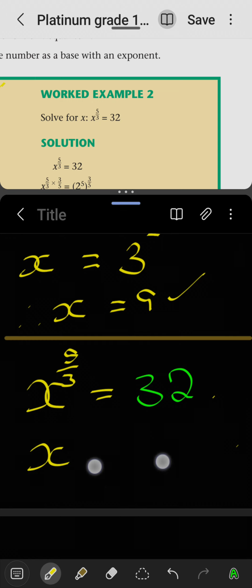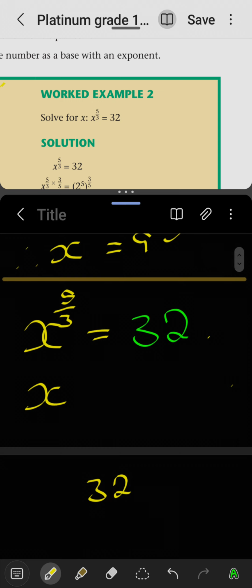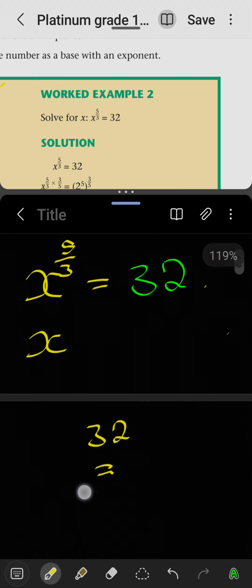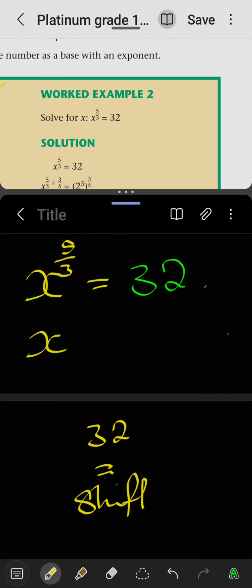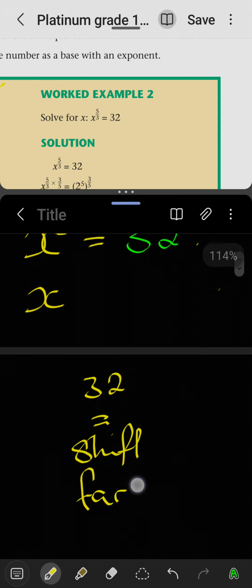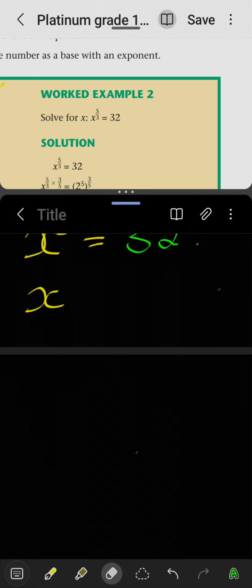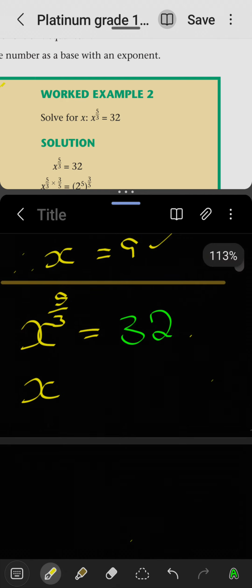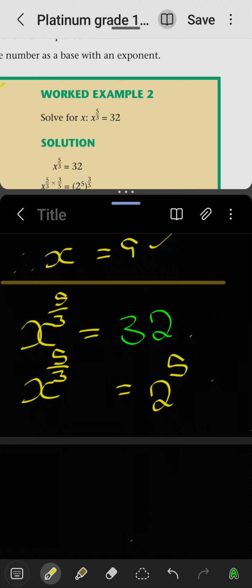Again, punch 32 in your calculator, punch equal sign, punch shift, punch fact, and the calculator will give you 2 to the power of 5. Then in place of 32, you are going to write 2 to the power of 5, just like I'm going to do now.